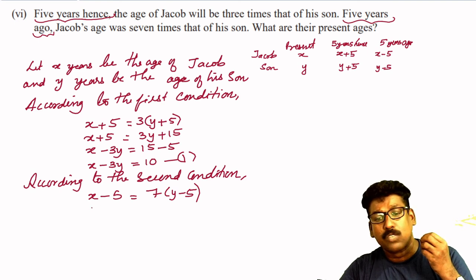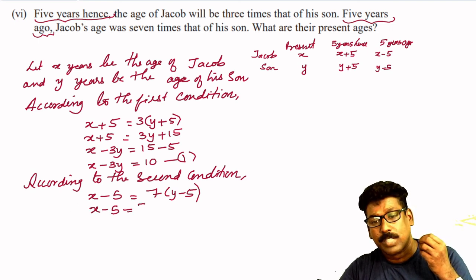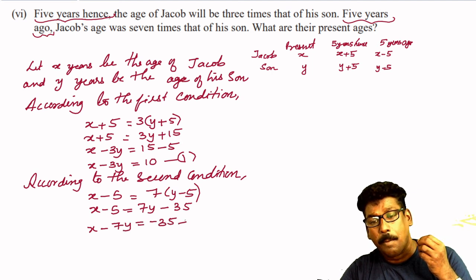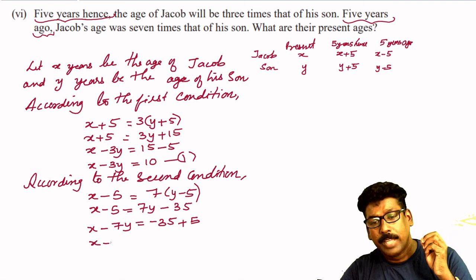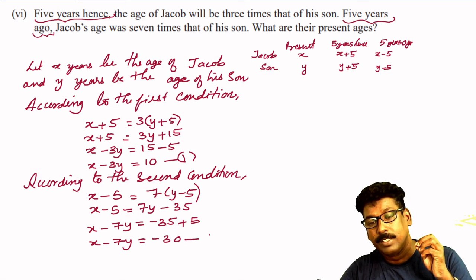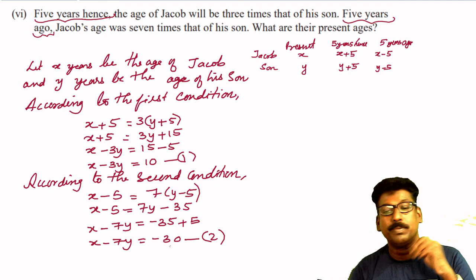Now x minus 5 is equal to 7y minus 5 into 7 is 35. That is x minus 7y is equal to minus 35 plus 5, minus 5 transposing plus 5. So x minus 7y is equal to minus 35 plus 5, which is negative 30. This is equation number 2.